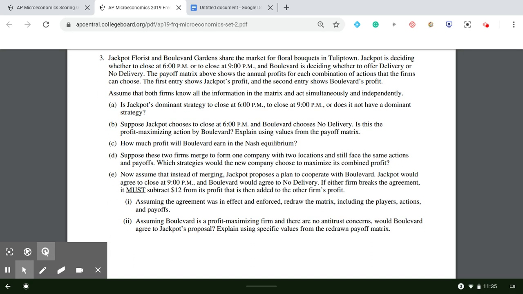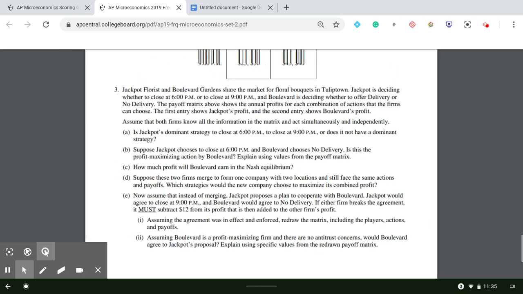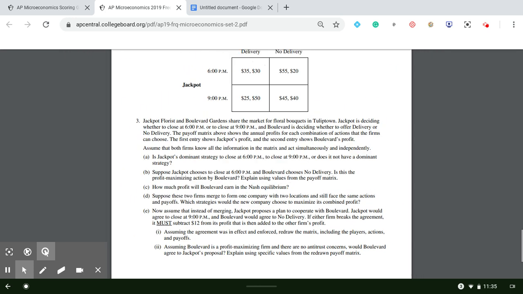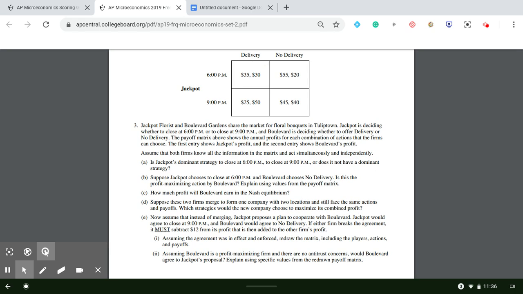Suppose these two firms merge to form one company with two locations and still face the same actions and payoffs. What strategy would the new company choose to maximize combined profit? That's a very cool question. So now there's no competition, and we're just going to choose where we make the most.